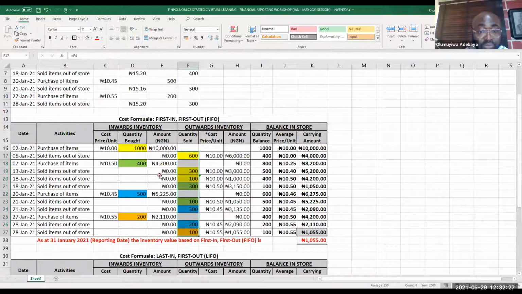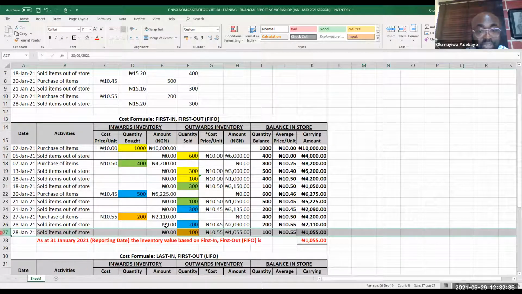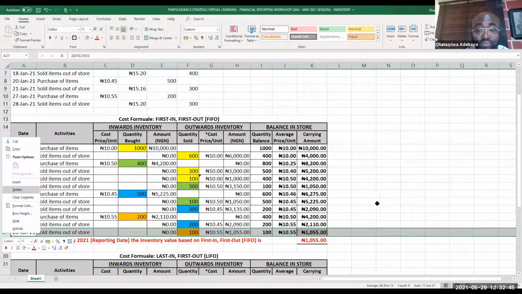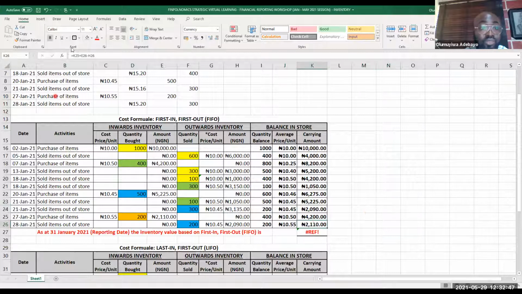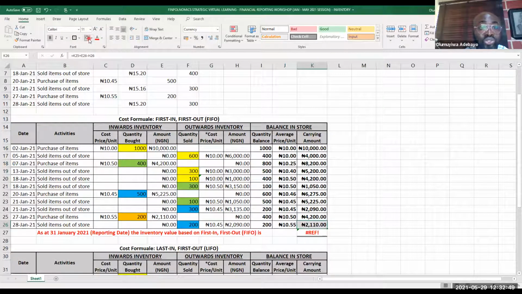How do we get it? This 1,400, 300. Therefore, there's none here. We have oversold the item.